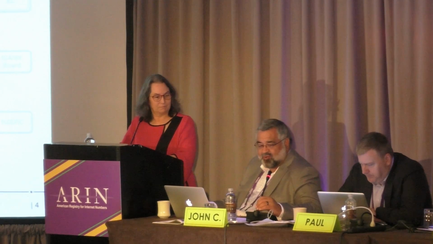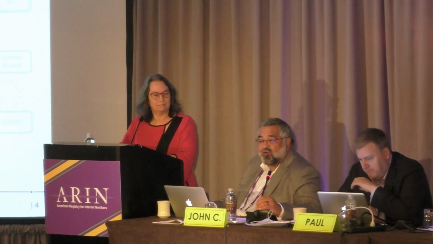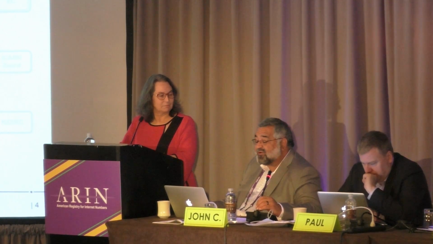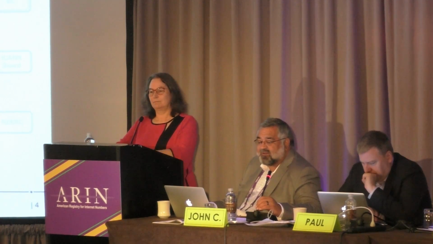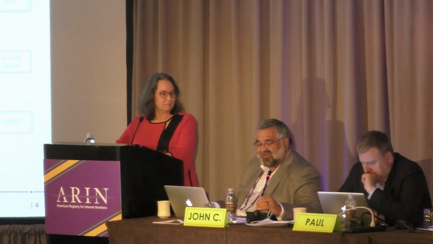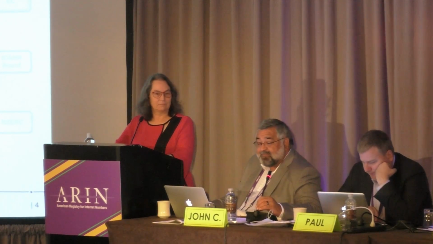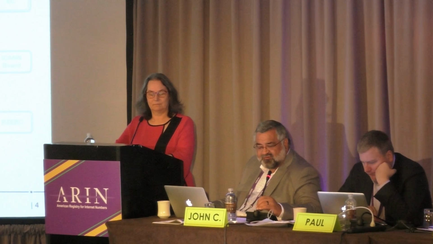So they created a set of powers above the board called the Empowered Community. The Empowered Community is, by California law, the parties that appoint ICANN's directors and have other specified powers. The Empowered Community has a very specific list of powers. The ASO is one of the 5 Empowered Community members.